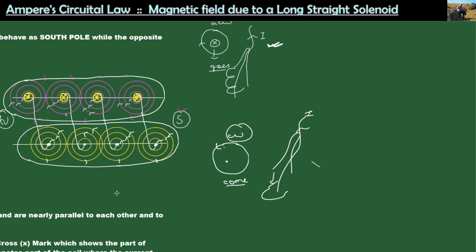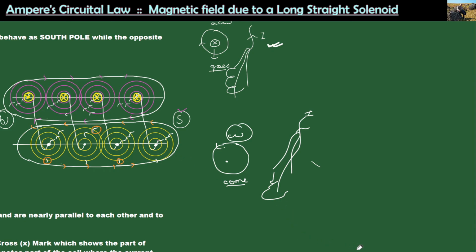When you place it there, with respect to all these directions of your magnetic field, since these are pointing in this direction, it will point in that direction. Since this is also pointing in that direction, it will point in that direction, and from here, this is pointing in this direction, so this will point in that direction.